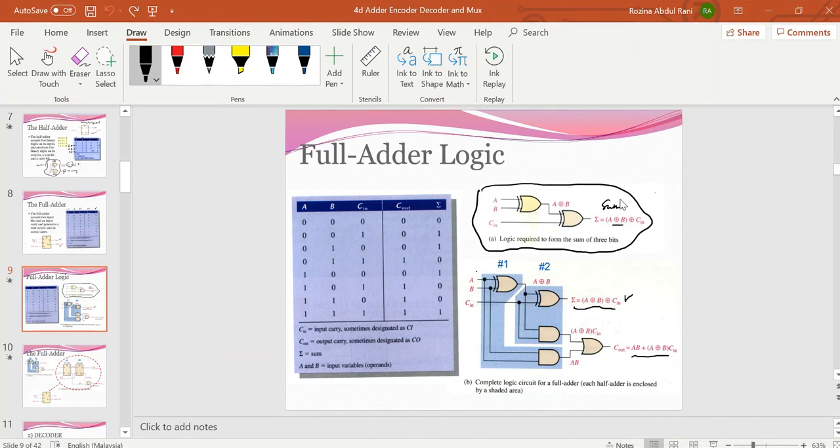So the sum output from the second half adder is the final sum output of the full adder, and the output from the OR gate is the final carry output for the full adder.